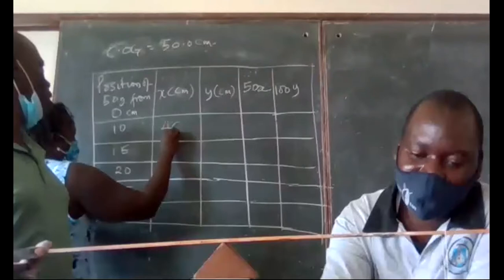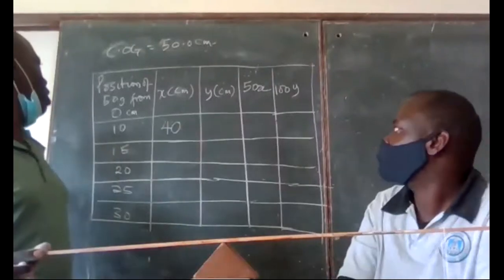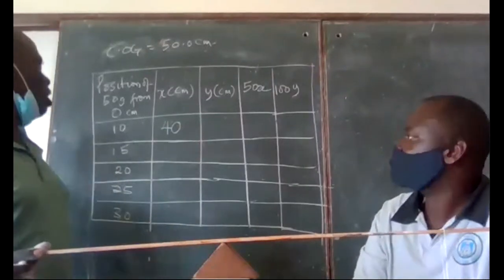Can you get us 50 times X and give us the value straight away?